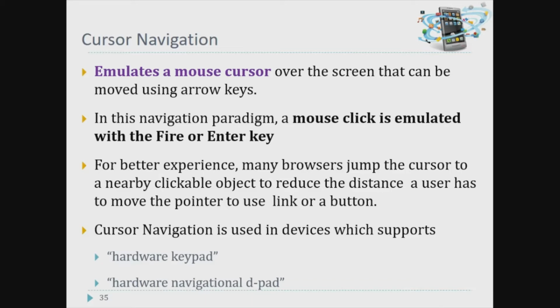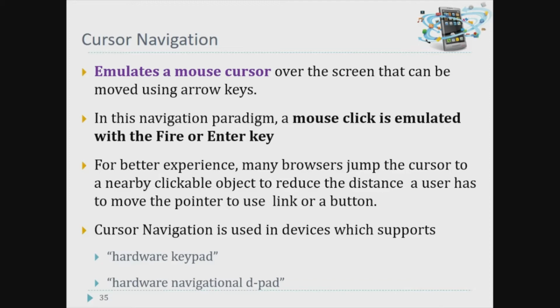So basically, if the mobile device has the keypad, we can use that keypad in order to move the cursor. Okay, when we talk about the mobile device, it's not only referring to the mobile smartphone, or the phone. It can be your game device, for example, like PSP. For those who have the PSP, you can move your cursor using the controller.